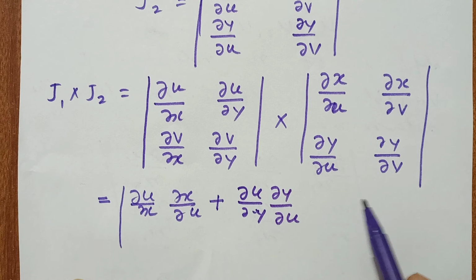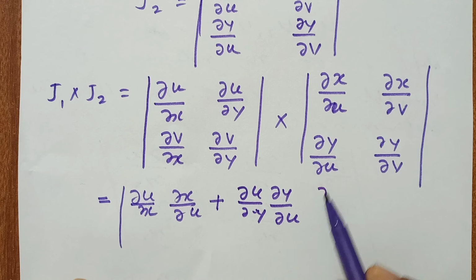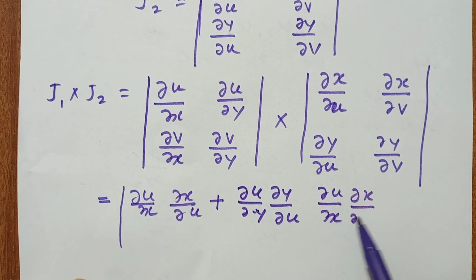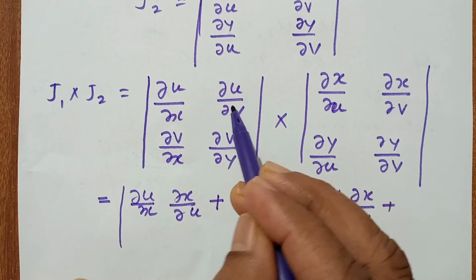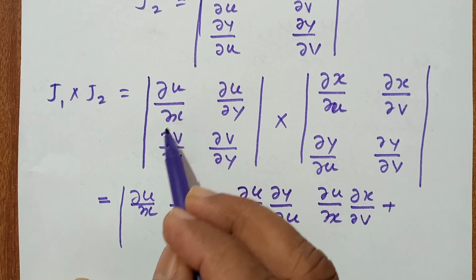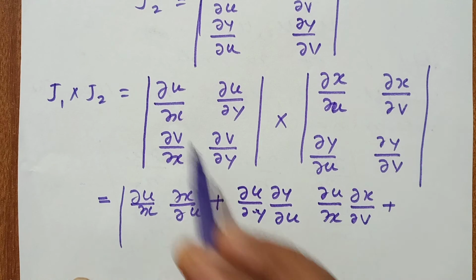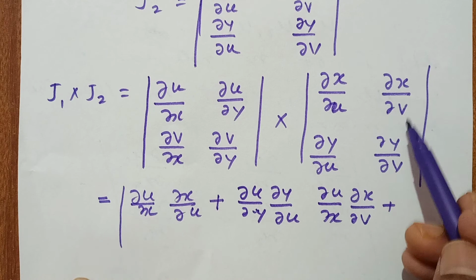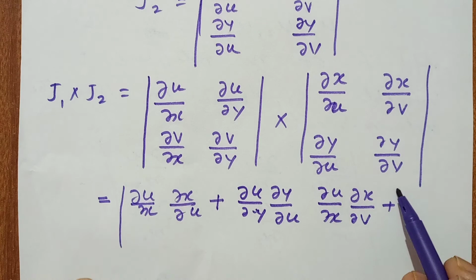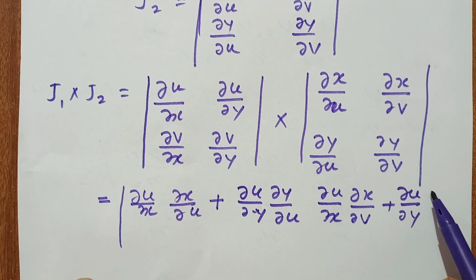Here this is first row second column: del u upon del x into del x upon del v plus del u upon del y into del y upon del v.